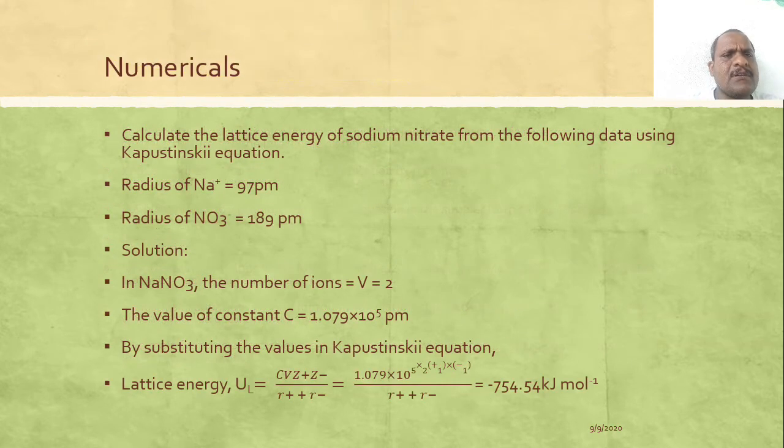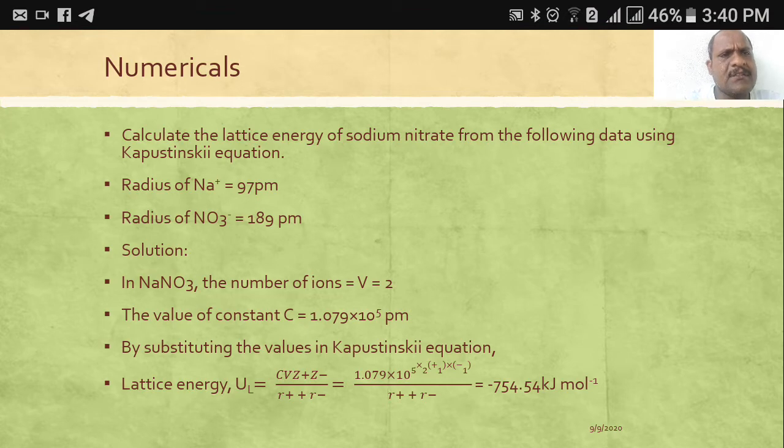Now we want to learn how we can calculate the lattice energy with the help of the Kapustinskii equation. We have one numerical: calculate the lattice energy of sodium nitrate from the following data. You know the structure of sodium nitrate, that is NaNO3.